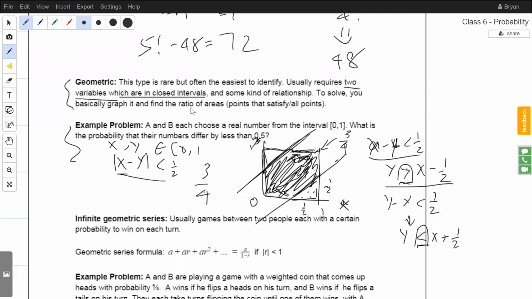I do want to go over why this is the case. You need to understand what this graph itself represents.